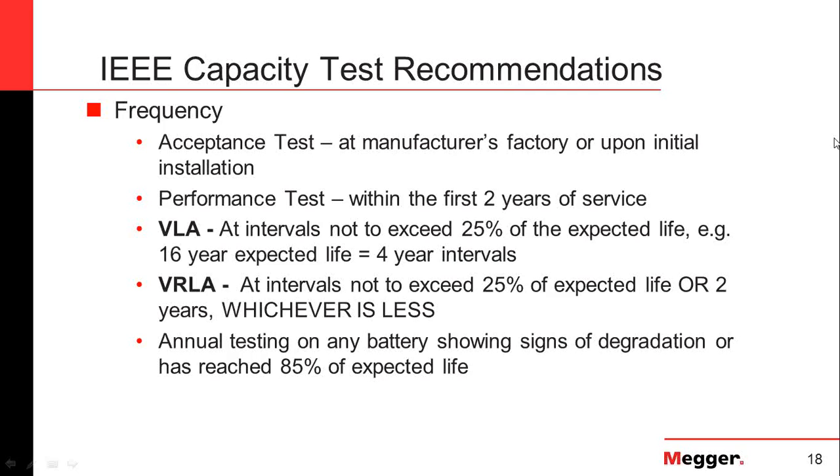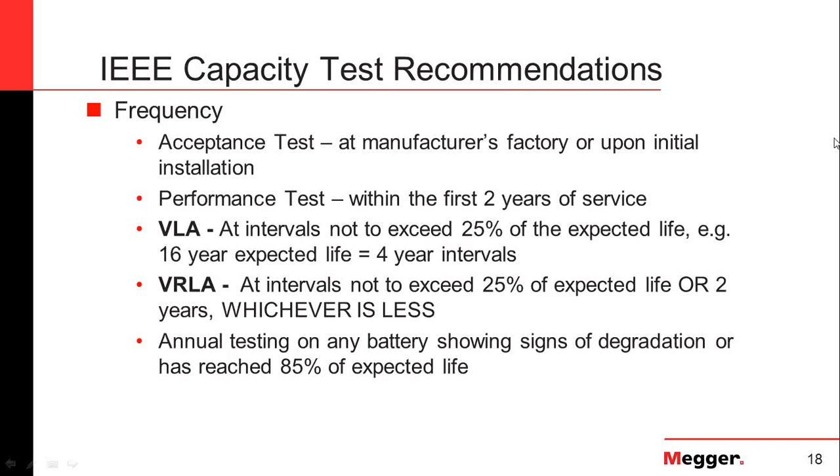So the interesting thing about this is that battery manufacturers might say that this is a 30-year battery, but you're not necessarily going to get 30 years of life out of it. So you have to take into consideration the amount of life you realistically expect to get out of it, which might be 20 years. So if I do 25% of that, then that's going to be every 5 years I'm going to be doing a test.